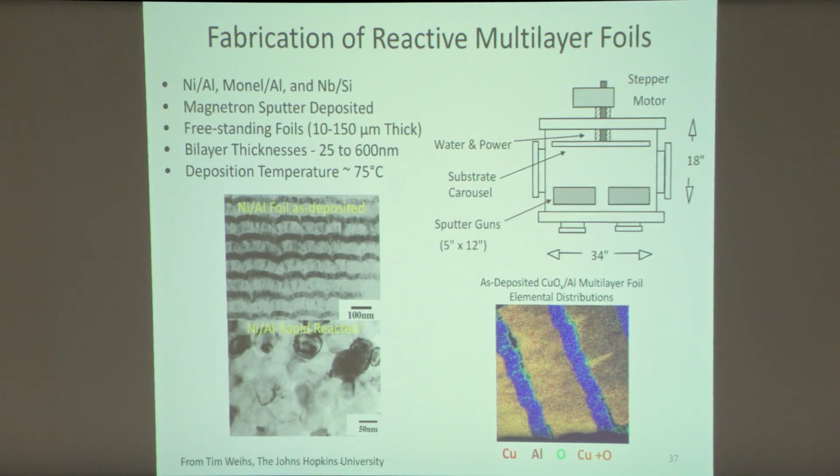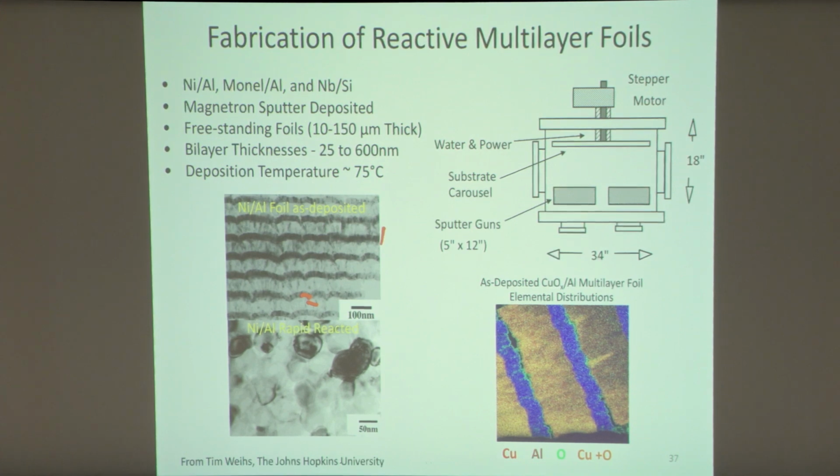Some other examples of making reactive materials in terms of intermetallics use vapor deposition. And so here are just layers of one material layered with another material. Here a nickel aluminum foil is being made, to form, when it's ignited at one end, an aluminum nickel intermetallic.